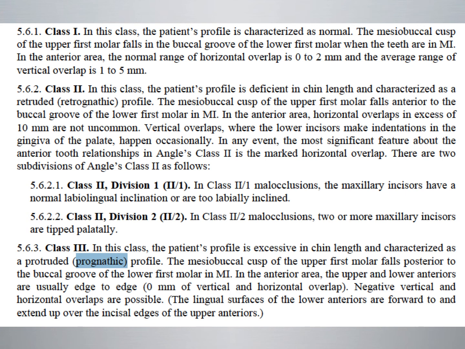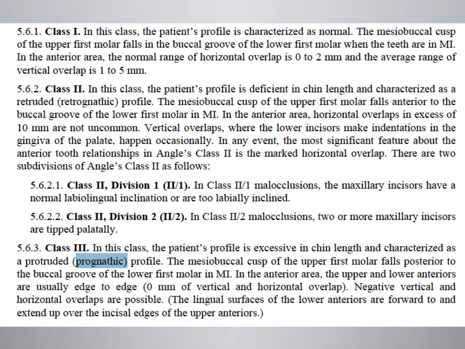In the anterior area, horizontal overlap in excess of 10 millimeters is not uncommon. Since the lower jaw is retruded, you have a significant increase in your overjet measurement. Vertical overlaps where the lower incisors make indentations in the gingiva of the palate happen occasionally. In any event, the most significant feature of the anterior tooth relationship in class 2 is marked horizontal overlap.